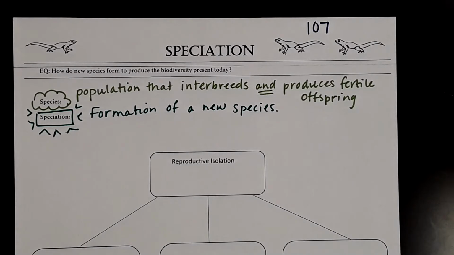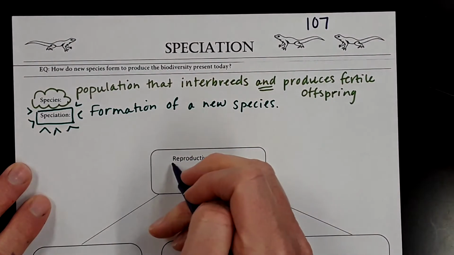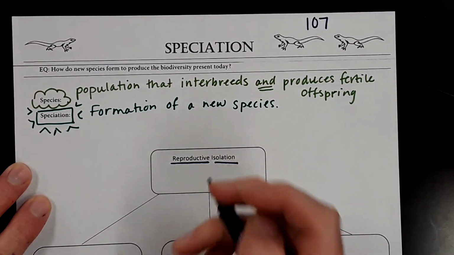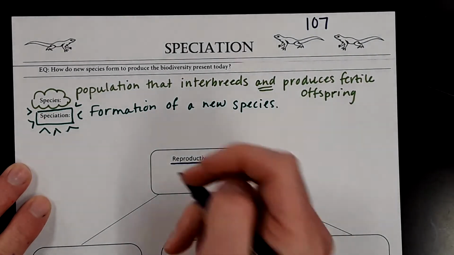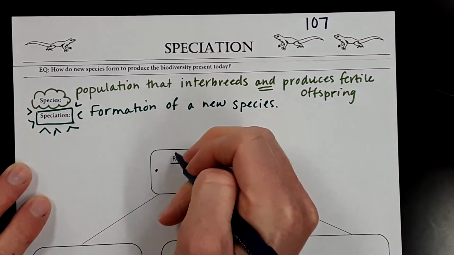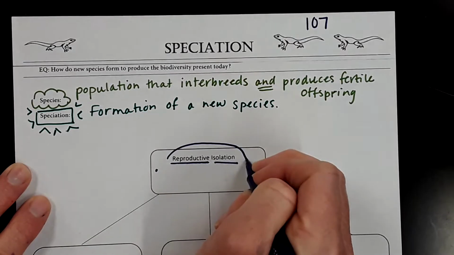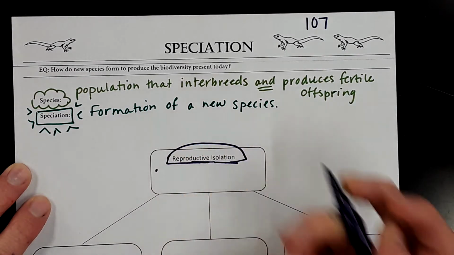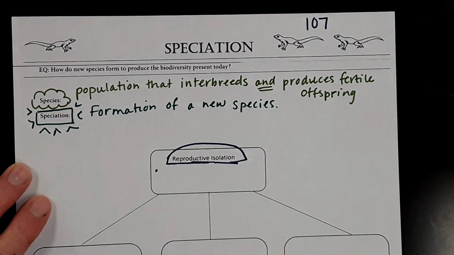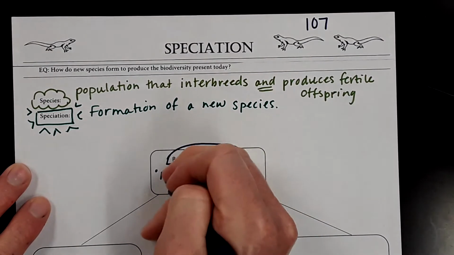And really it all begins with something that we refer to as reproductive isolation. This happens when a population becomes isolated from the rest of the group.